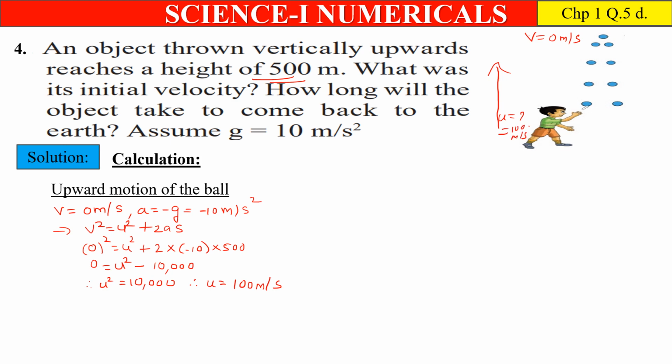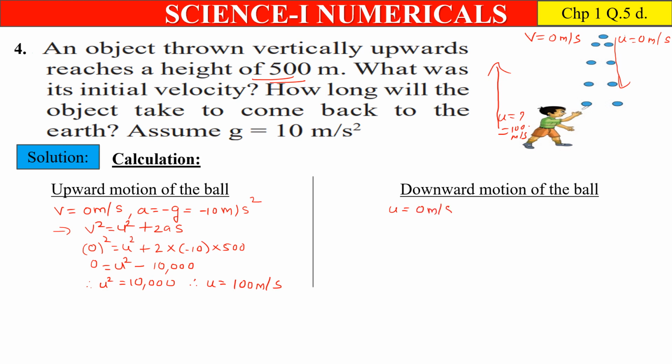Now we'll be checking out for downward motion of the ball. So here at this point, the initial velocity will be equal to 0 meter per second because the ball is starting from here. So for downward motion of the ball, we will be writing u is equal to 0 meter per second.